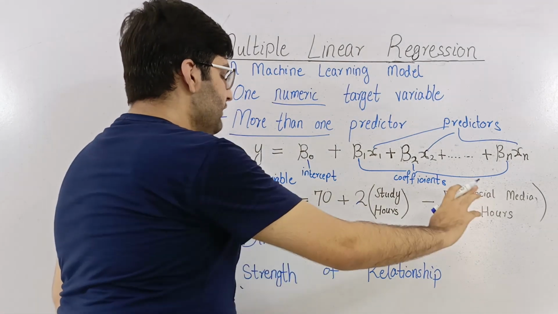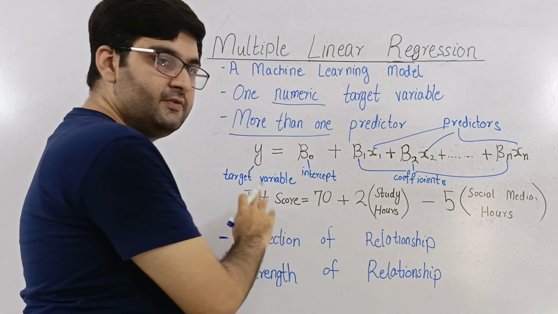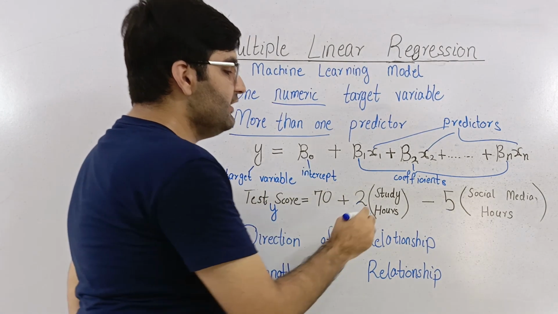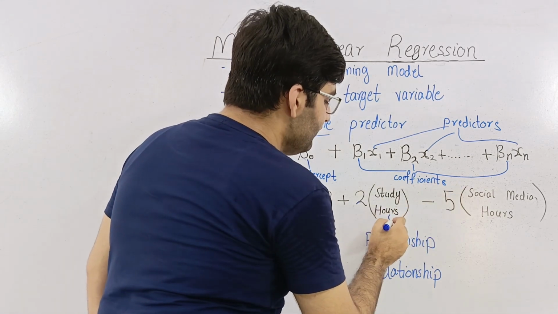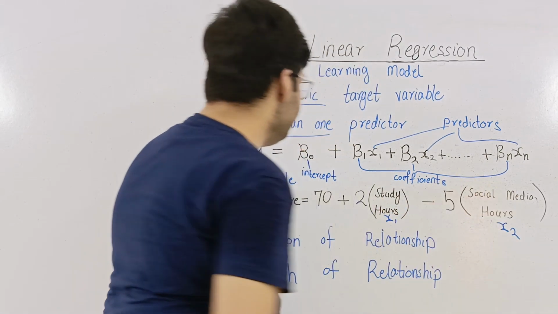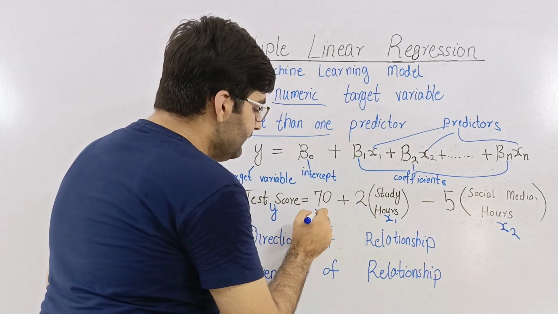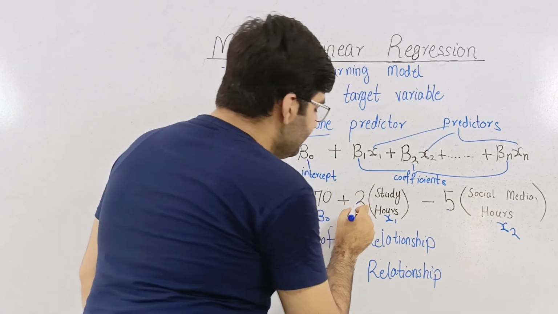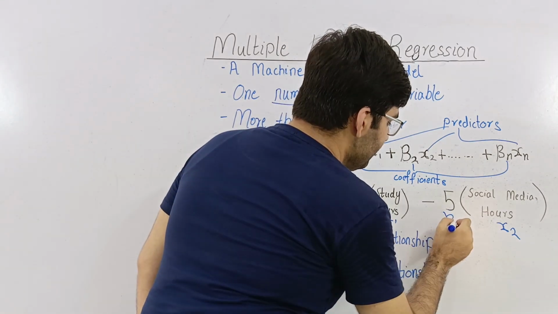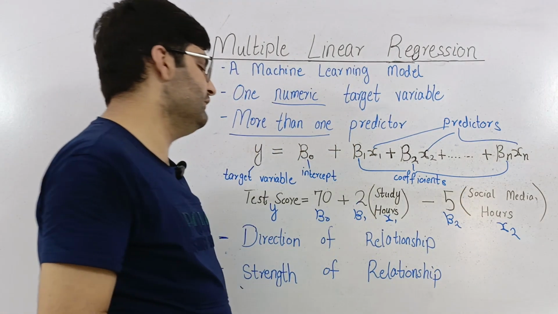In this equation, the student's test score is the target variable, the study hours and the social media hours are the predictor variables, 70 is the intercept, 2 is the first coefficient, and minus 5 is the second coefficient.